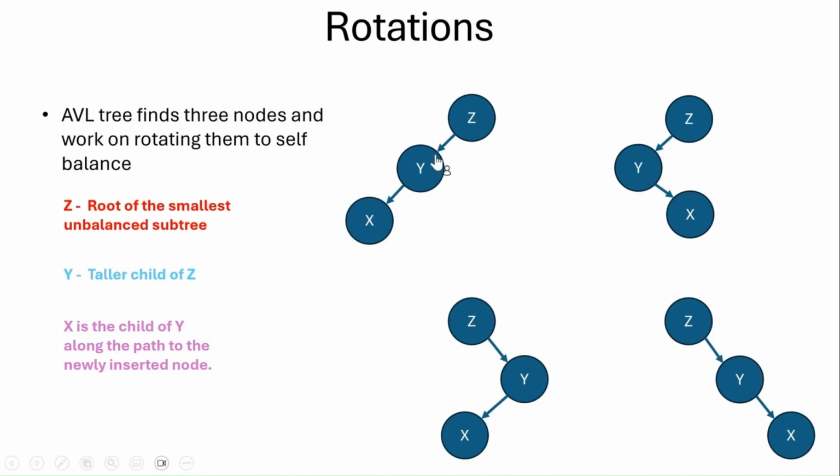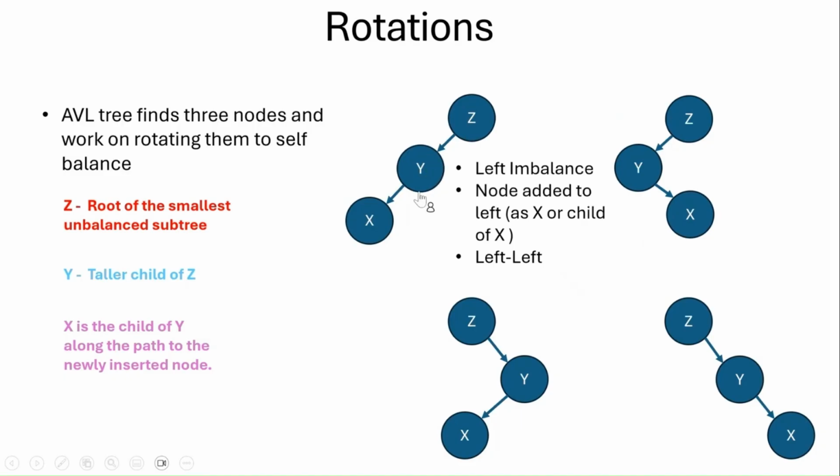So what does each structure represent? The first structure is left left imbalance. Basically, what does that mean? That the smallest unbalanced subtree where Z is root became unbalanced because the new node was added on the left side, and the node was added to the left of it, basically as X, which is the parent of the new child, or as the new node itself, right?